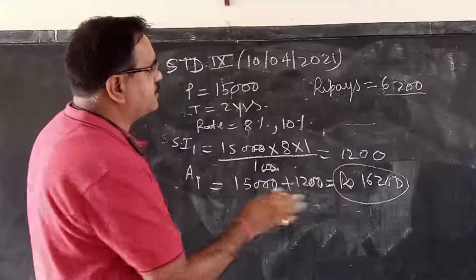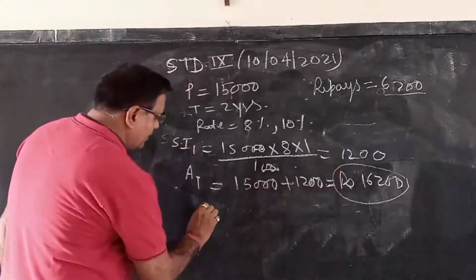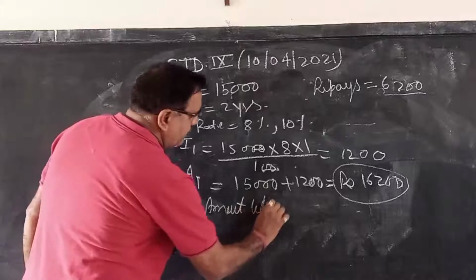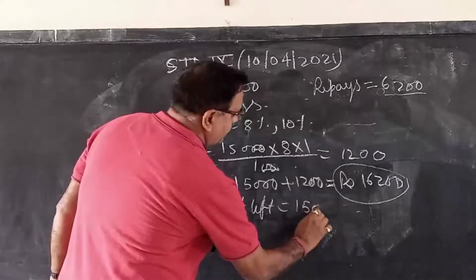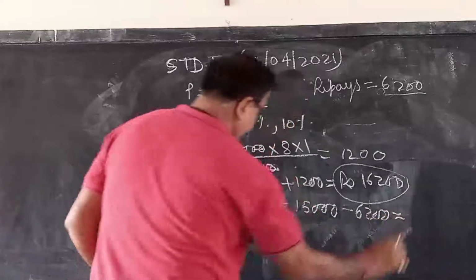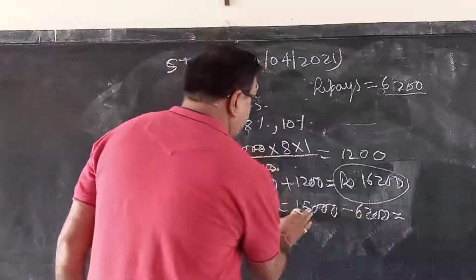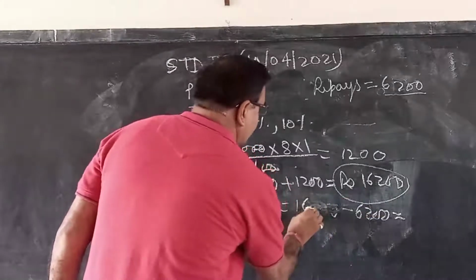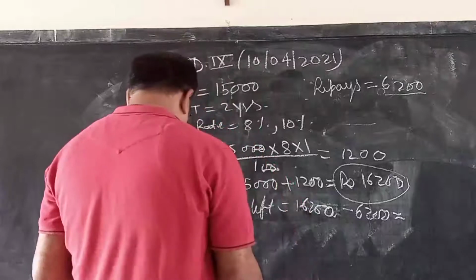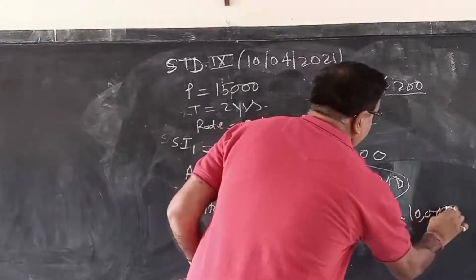After returning 6,200, what amount is left? Sorry, this is the amount: 16,200 minus 6,200. 10,000 rupees.